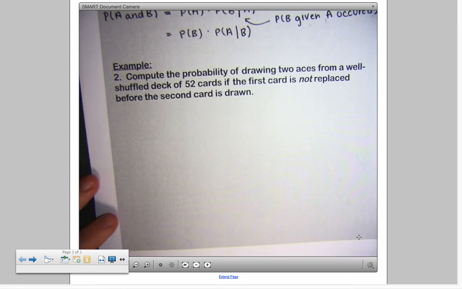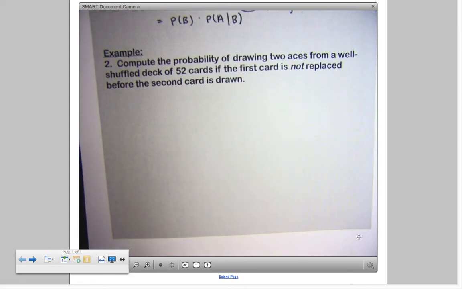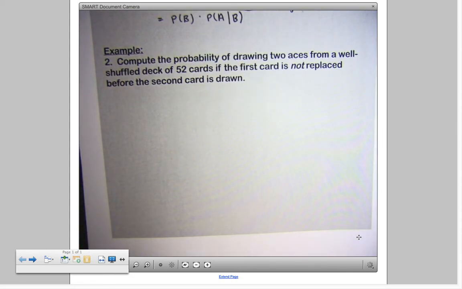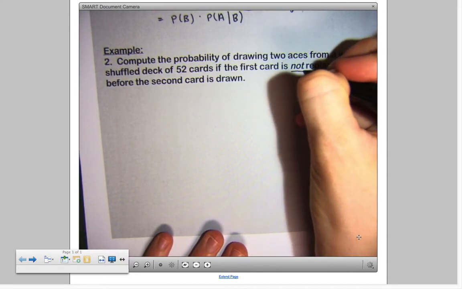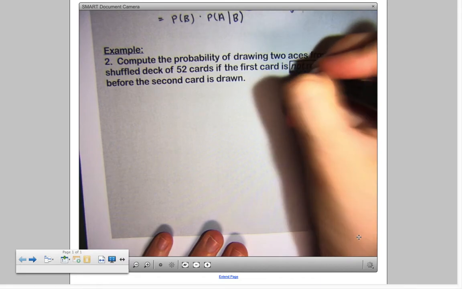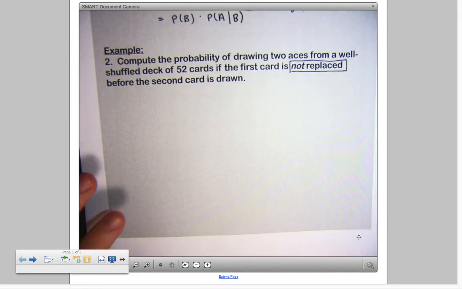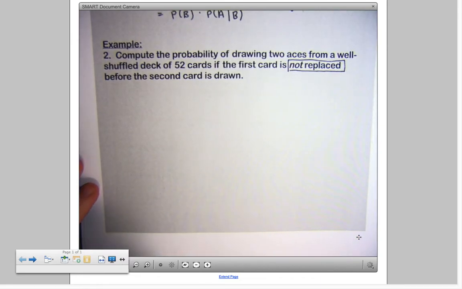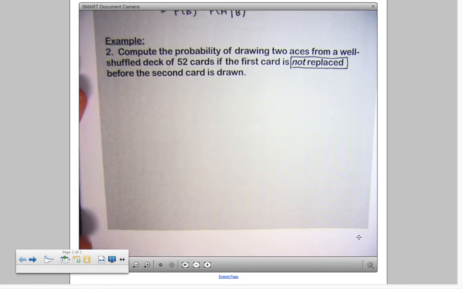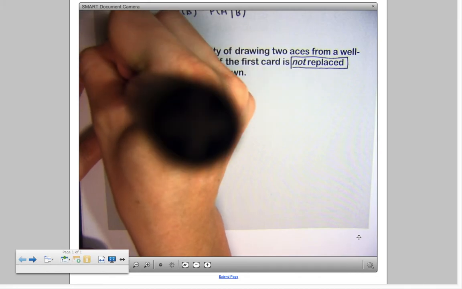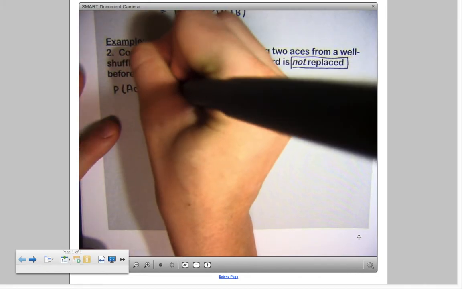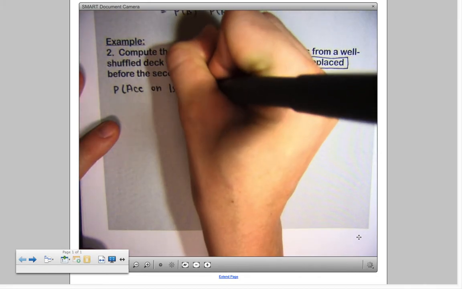Okay, so for example, we want the probability of drawing 2 aces from a deck of 52 cards if the first card is not replaced before the second is drawn. So since it says it's not replaced, we automatically know that they are dependent events. So we want the probability of an ace on the first and ace on the second.